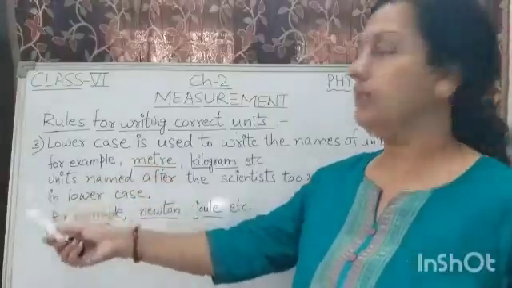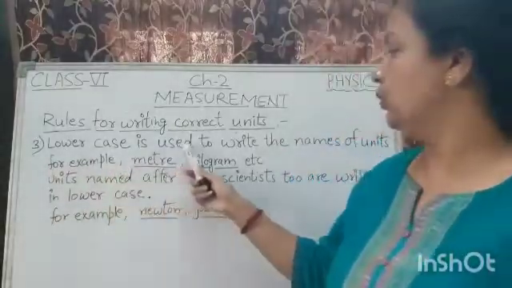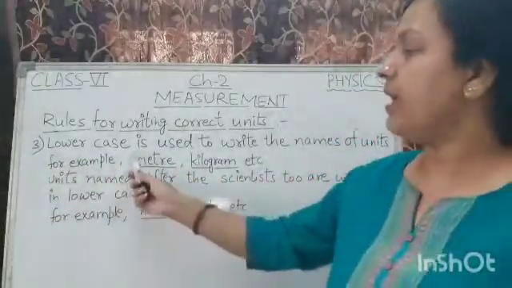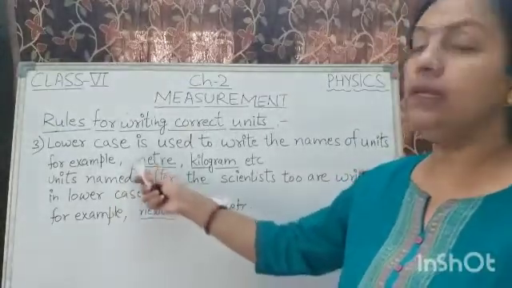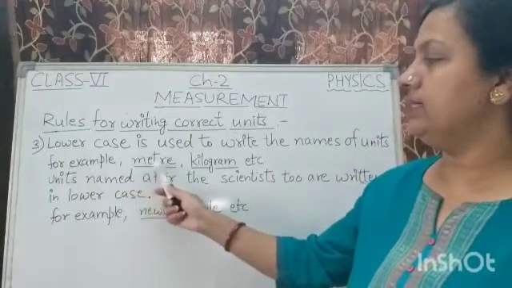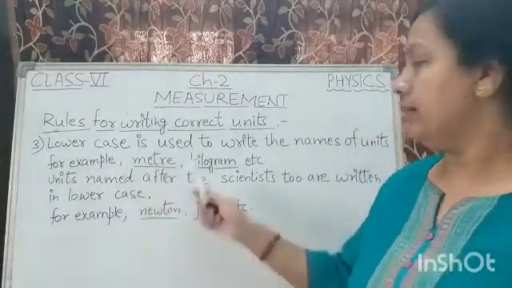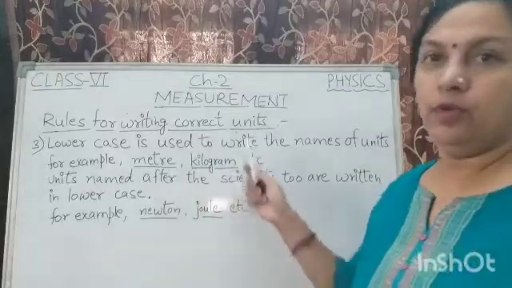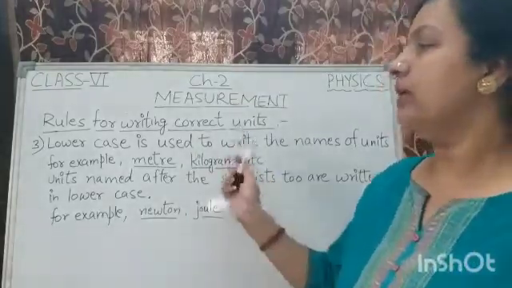Our next rule is, lowercase is used to write the names of units. For example, if we have to write meter, we will use small letters, lowercase. Kilogram, small k, ilogram. We will use lowercase. Okay.